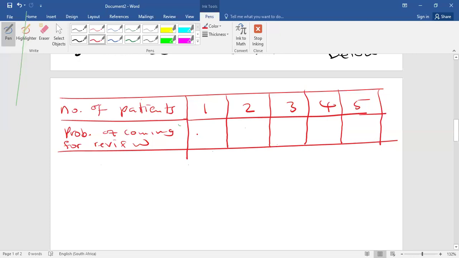Then the corresponding probability of coming for review: 0.15, 0.2, 0.18, X, and 0.3.